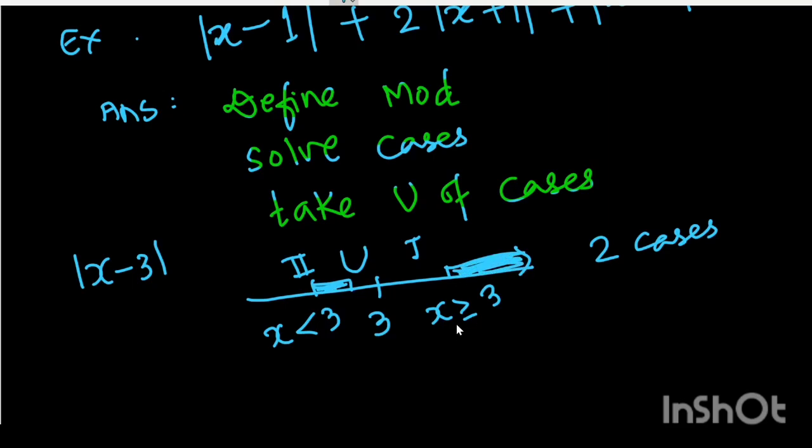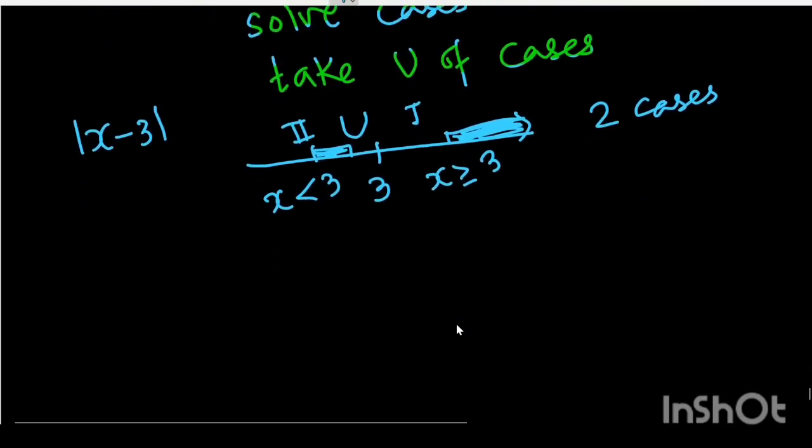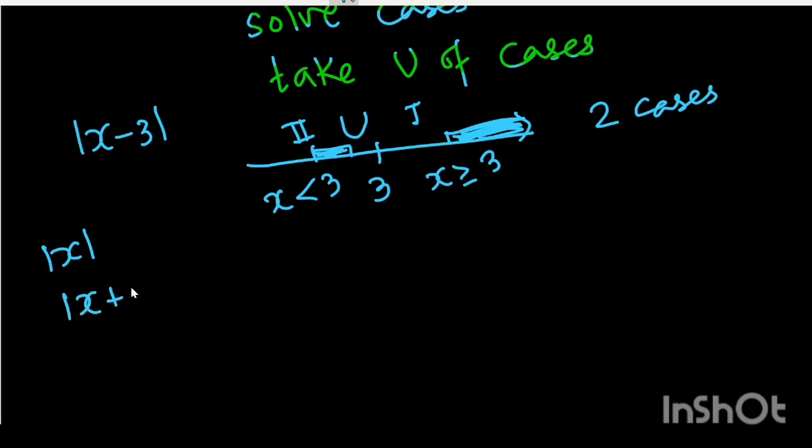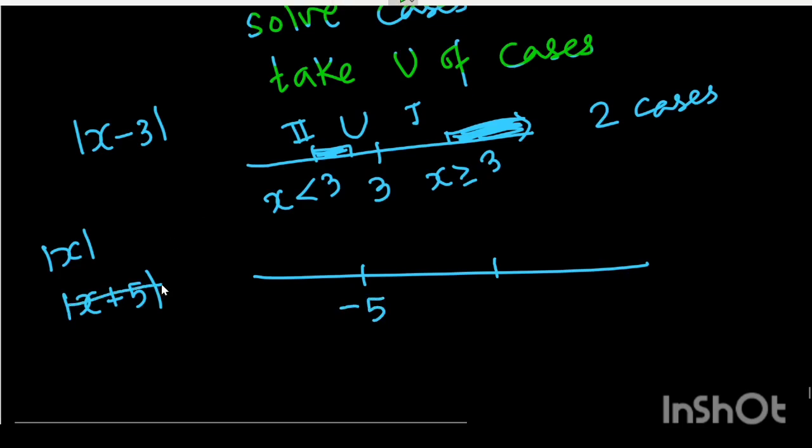Now in case there are more than one modulus in a question, let's say one is mod x, another is mod x plus 5, two moduluses are there, so how many cases will it generate? How many cases do we need to solve? Minus 5 corresponding to x plus 5 guys, and 0 corresponding to mod x.